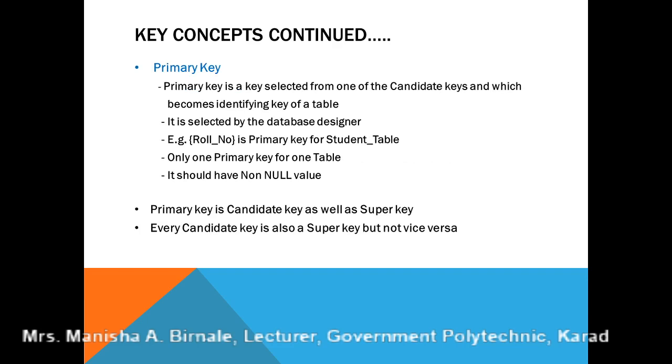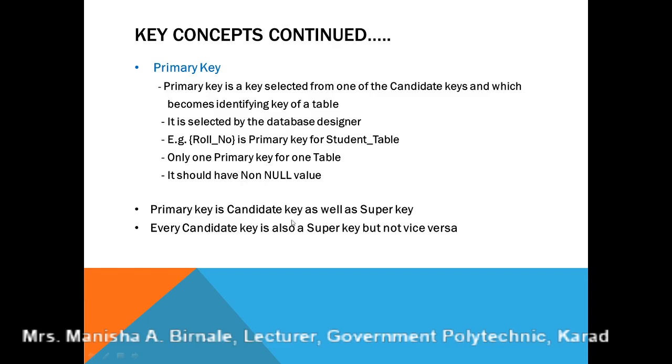For example, suppose the mobile number of some student is not known, or some student does not have a mobile, then null is written in the mobile number field of that student. So null means the value is missing or not known. But the attribute which is a primary key will not accept a null value.